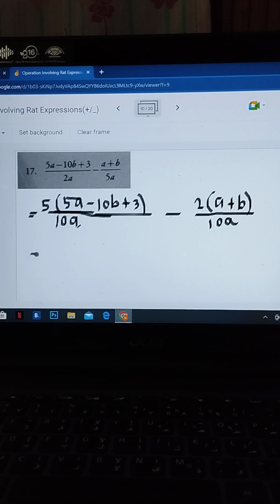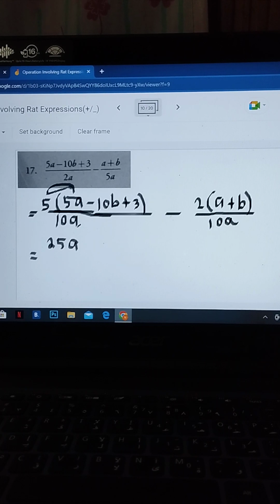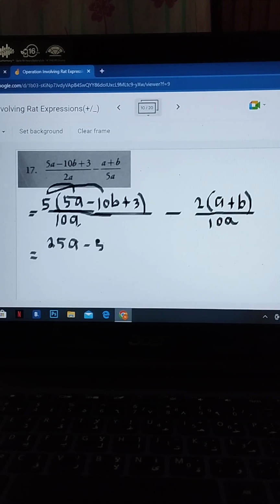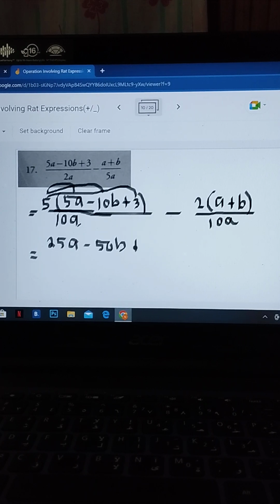Okay, so this is now equal to 5 times 5a, 25a. 5 times negative 10b is negative 50b. Then 5 times 3 is 15 over 10a.